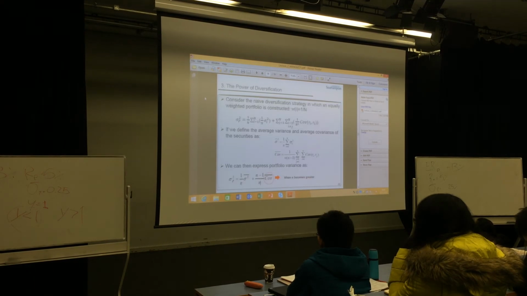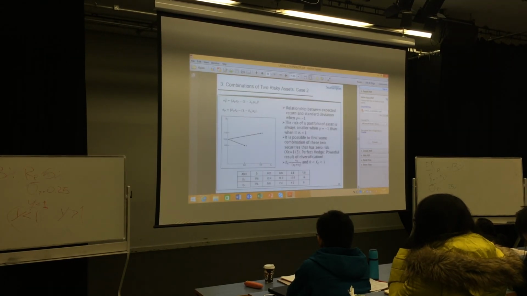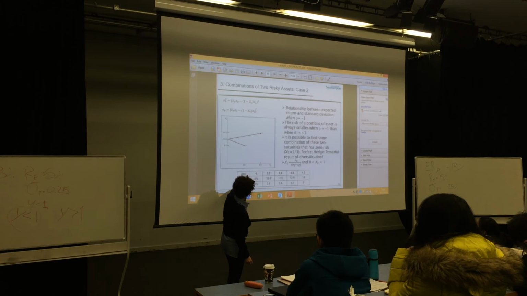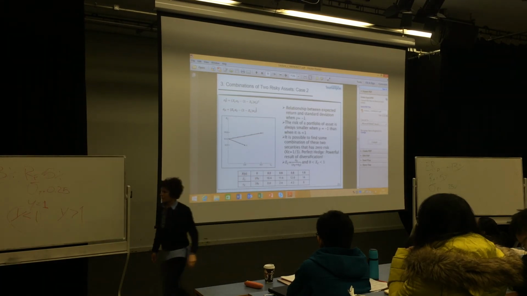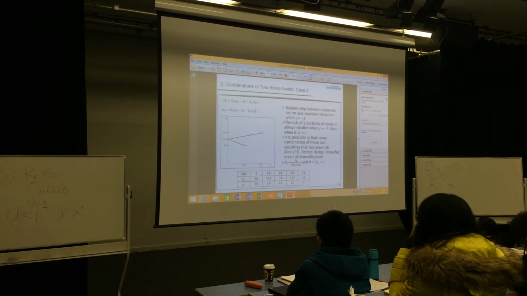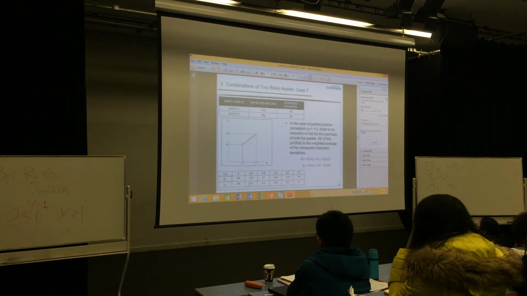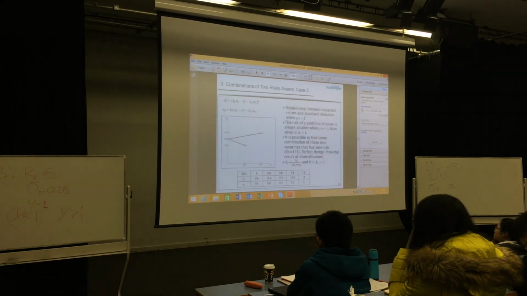We can see simply, if we look at the case with rho minus 1, as you can see, if you look at this number here, if you compare this number for 0.2 with what we got before, when rho is -1, given the same expected return, the standard deviation is lower.